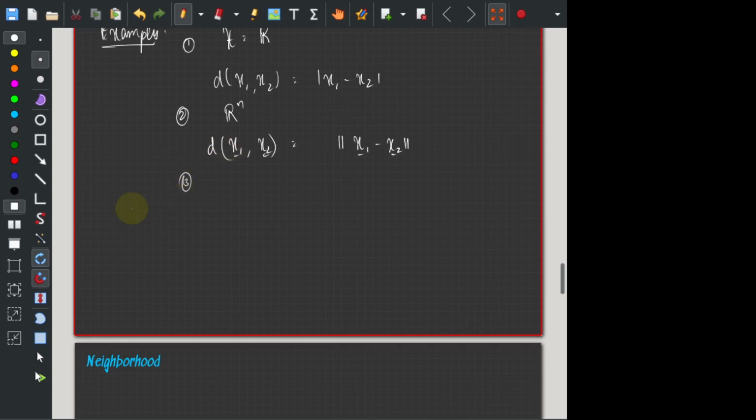Right? Well, you could also define metrics on not just real numbers or subsets of real numbers. Suppose I have the space of functions. Right? So my set X is, let us say, the set of all integrable real functions on R. The functions which are absolutely integrable.